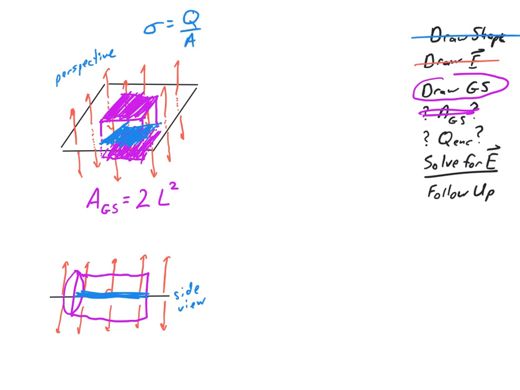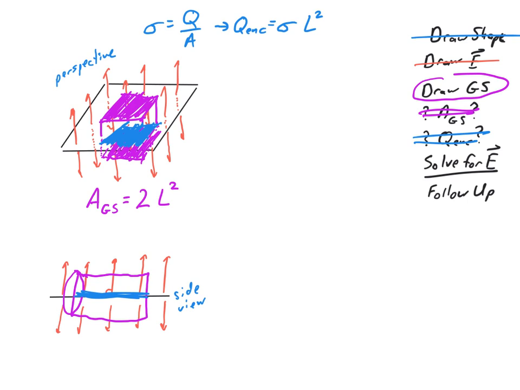And the area that it is covering is only L squared in this case. So therefore, Q enclosed will be equal to lowercase sigma multiplied by L squared. Done.